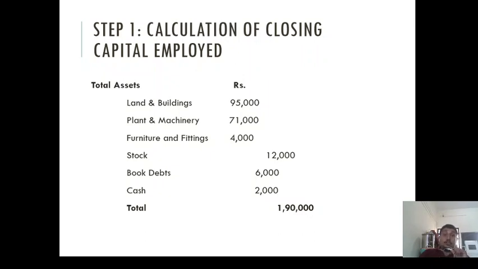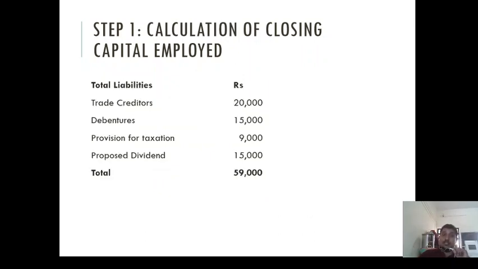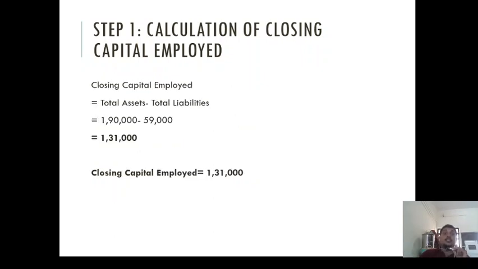That investment does not belong to this business, right? So except investments, all other assets are taken. Liabilities are straightforward, so we consider all the liabilities. Now closing capital employed is assets minus liabilities, 1,90,000 minus 59,000, and the answer is rupees 1,31,000.